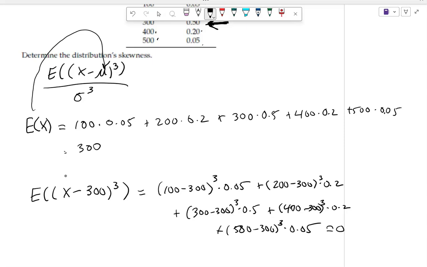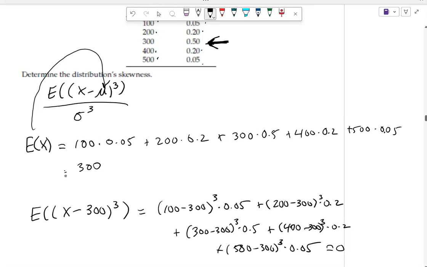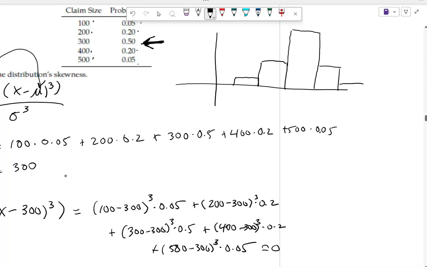All right. To illustrate that and then talk about what the skewness measures, in this case, if you were to do, let's say, a histogram, you'd have something that looked like this for 100, and then that for 200, and then that for 500, 200, 100.